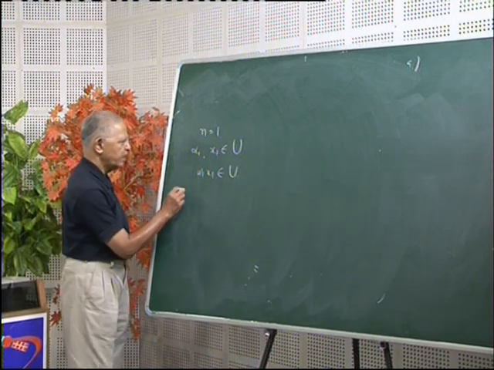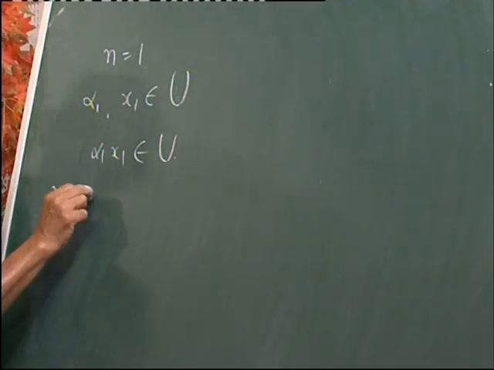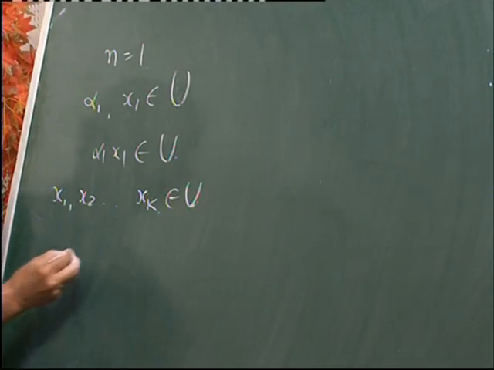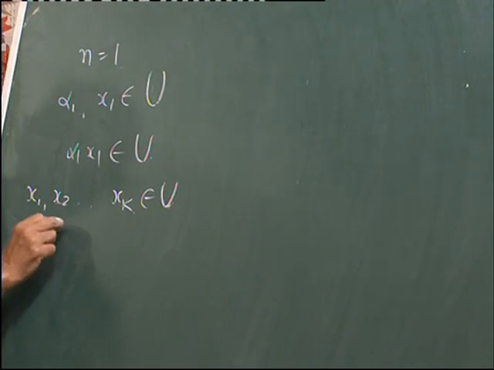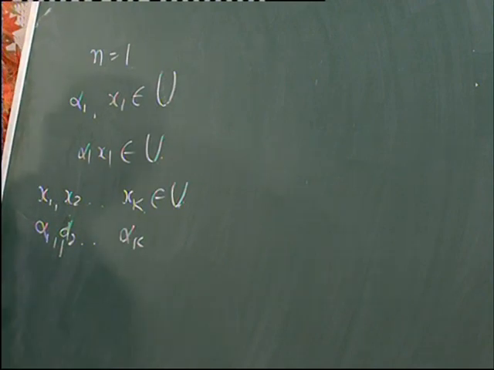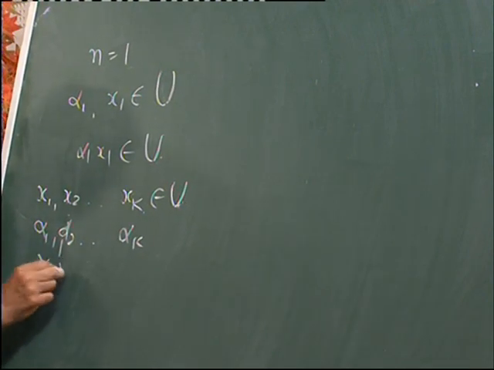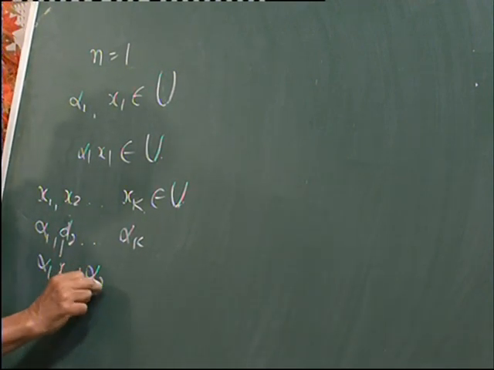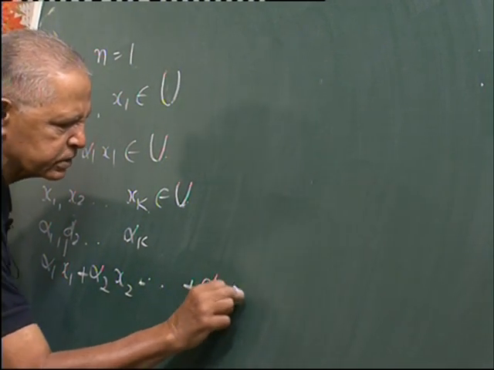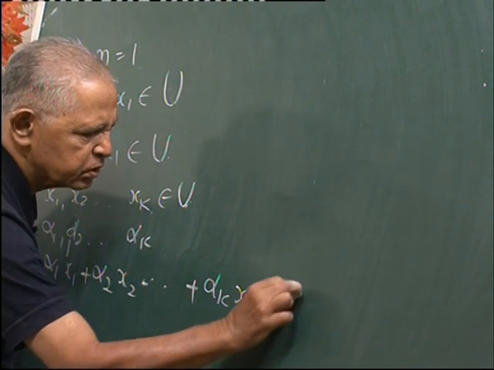That means, whenever x1, x2, ..., xk belong to U, and for any scalars alpha 1, alpha 2, ..., alpha k, we have alpha 1 x1 plus alpha 2 x2 plus ... plus alpha k xk also belongs to U.